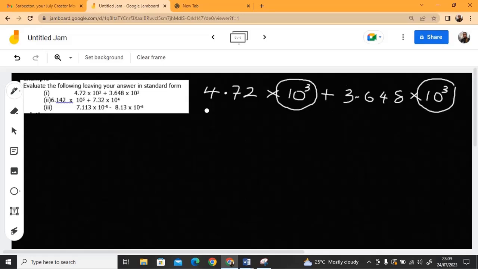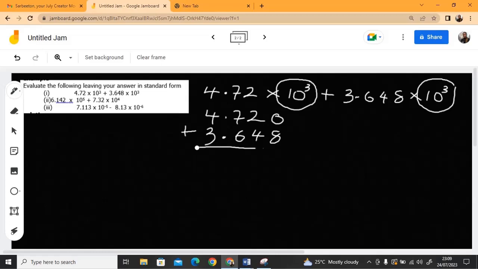If I want to add this, I will have 4.72 plus 3.648. Now in this space, since this place is empty, you put 0 there.